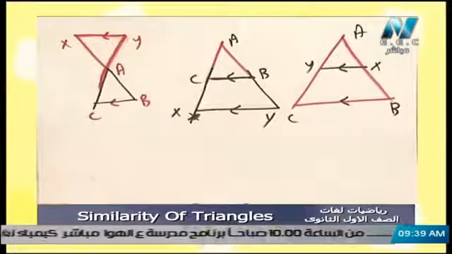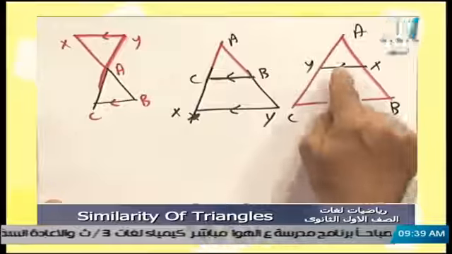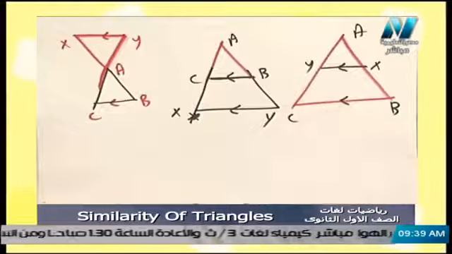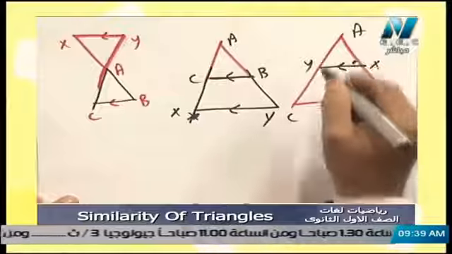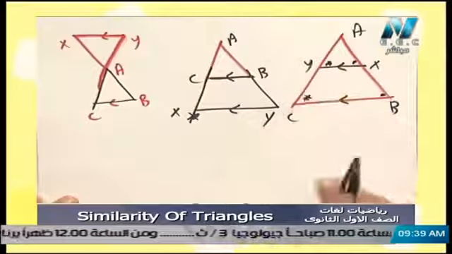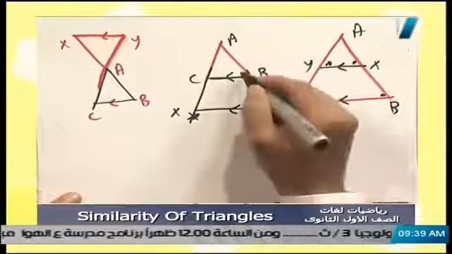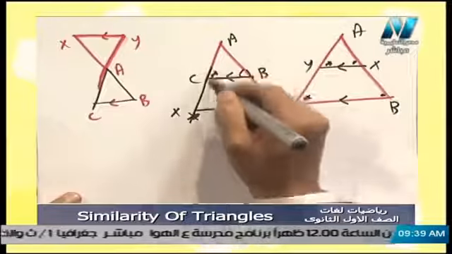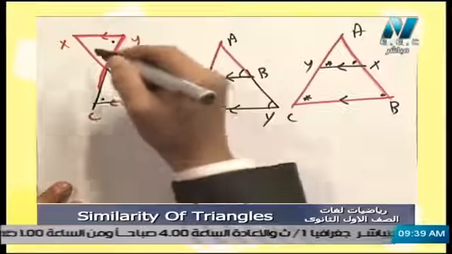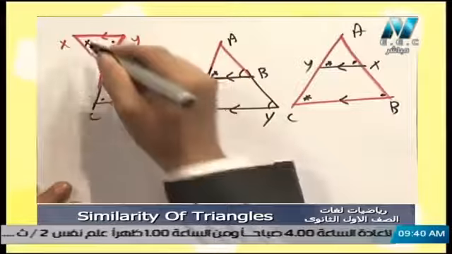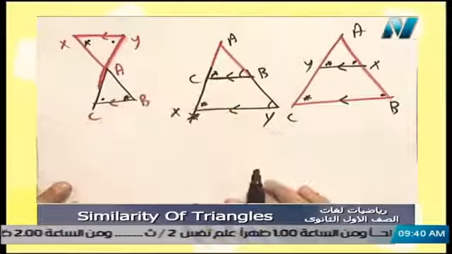We know that when two parallel lines are cut like that, we have two corresponding angles equal in measure, and here we have two angles also equal in measure, and here also equal angles.